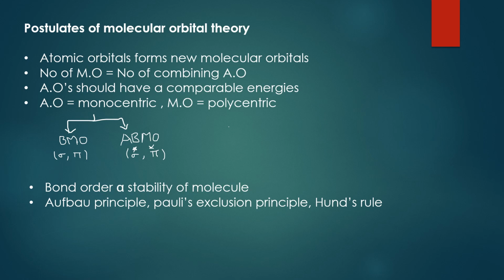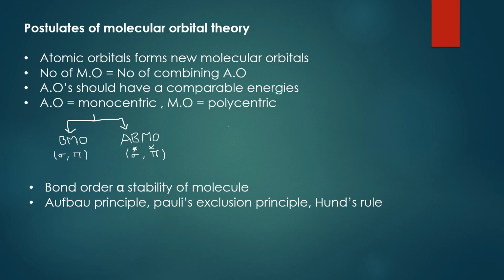Move to the third postulate. The third postulate tells us that atomic orbitals should have comparable energies. Atomic orbitals of similar energies can actively be involved in overlapping. For example, two 1s atomic orbitals of similar energy can actively overlap to form molecular orbitals.